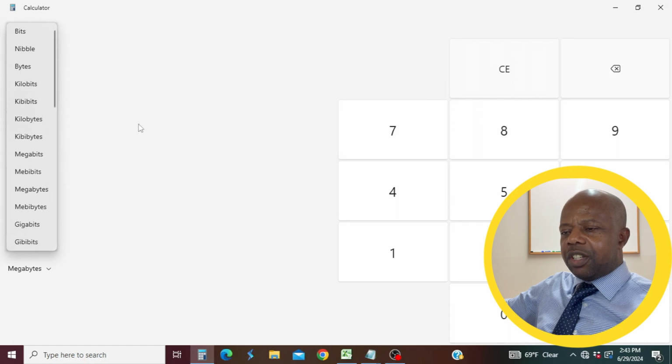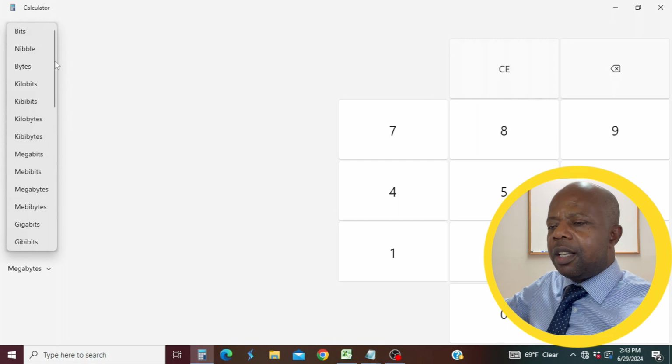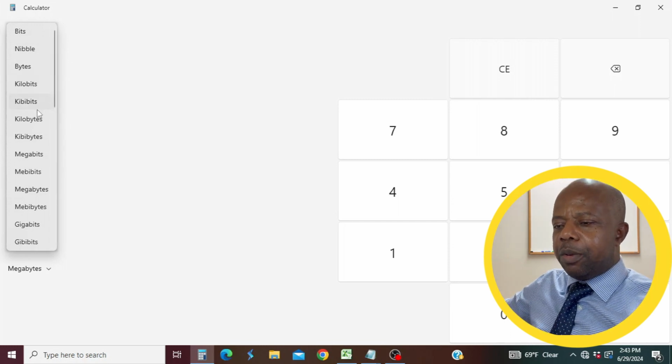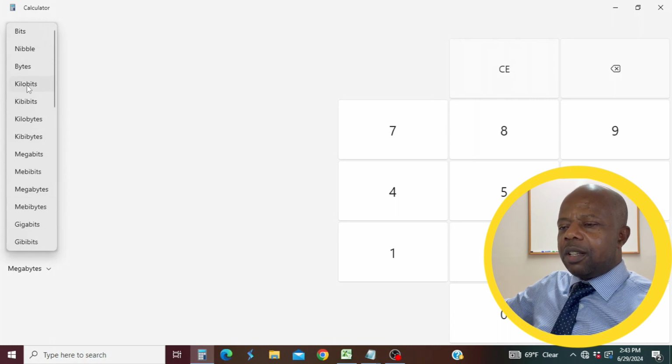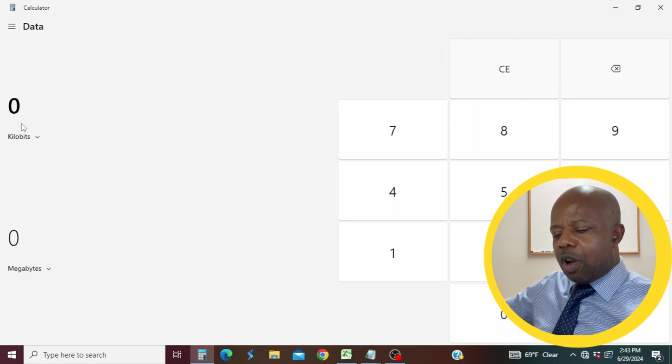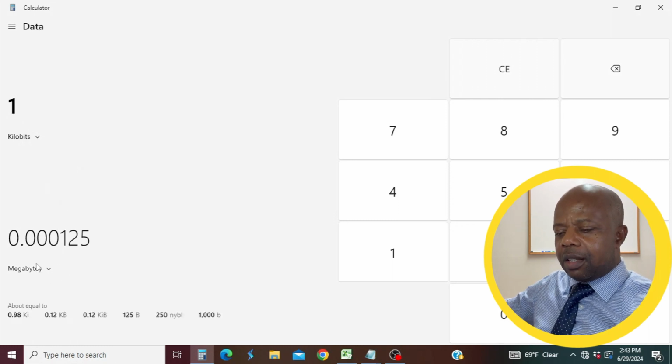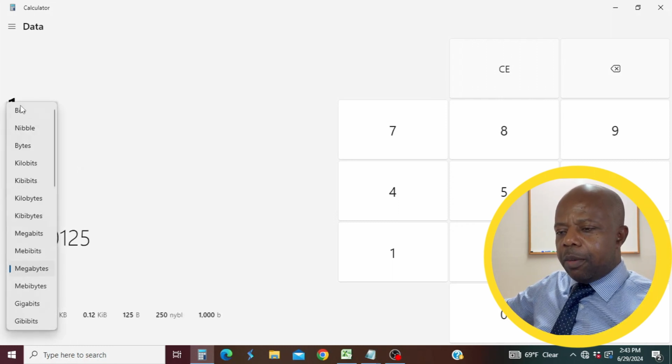Data storage, you want to look at data size of bits, nibble, bytes, kilobits, kbps. So these are all measured. Kilo, for example, we know it's 1,000. So if we choose 1 kilobit, how many bits?